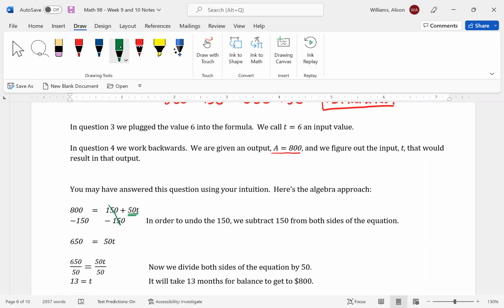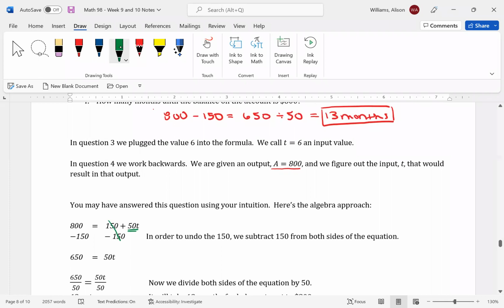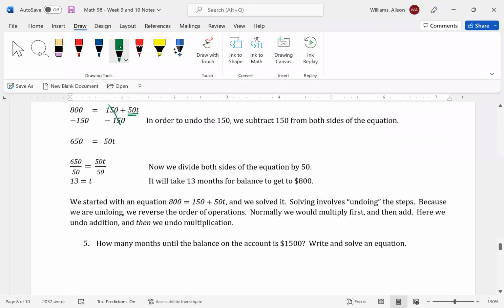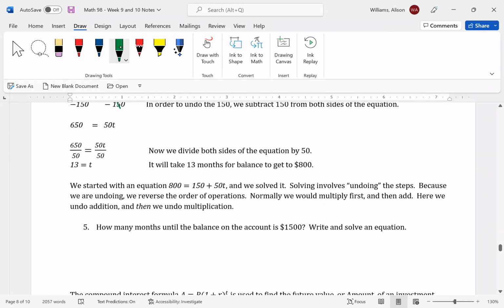And now we've seen these equations where we have something right in front of the variable. We just divide both sides by 50, and that gives us t. Those are literally the steps we took. We just didn't show the algebra for that. So we could have done those steps for solving this equation.